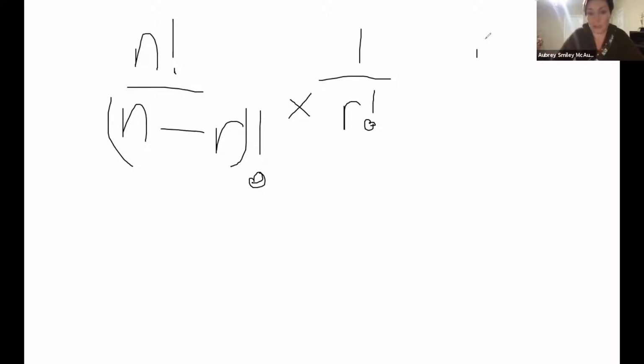When you're choosing, how many ways can we put 20 people into 7 roles? And then, because order doesn't matter, we're multiplying that to remove the effect of ordering that permutations had. We're multiplying that by r factorial. And then it becomes n factorial divided by r factorial times n minus r factorial.